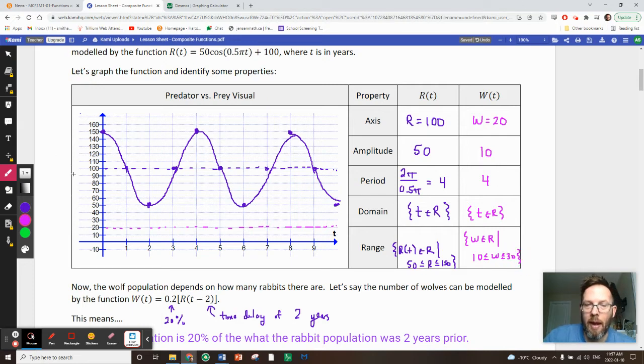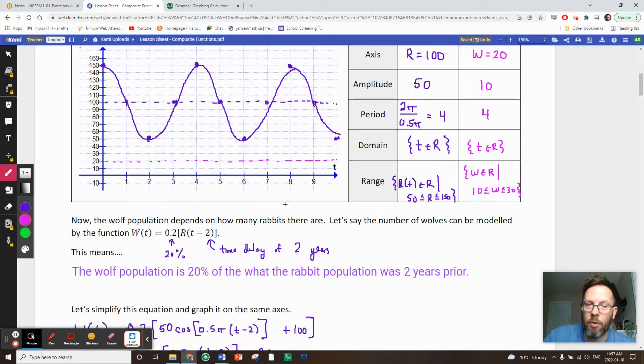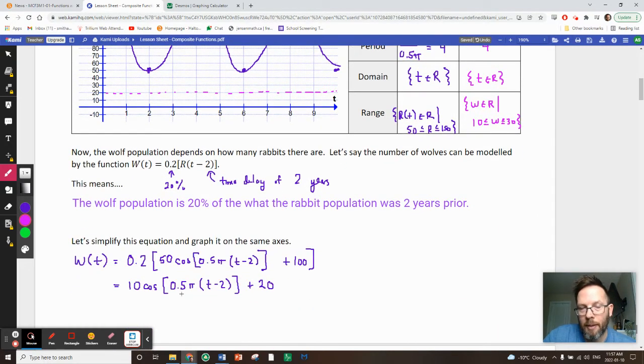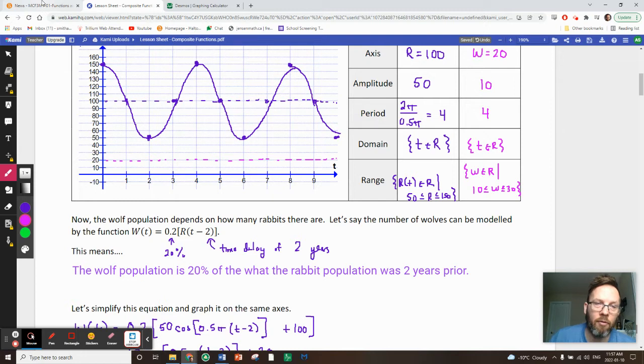Now let's draw it. We have to be careful here. Here we actually have a phase shift of 2 units. So normally our cosine function would start on the vertical axis. Here we're moving that right by 2 units, right 2 years. So normally we would have a maximum of 30, 20 plus 10, but we're shifting this right 2 units. So this would be our starting point here.